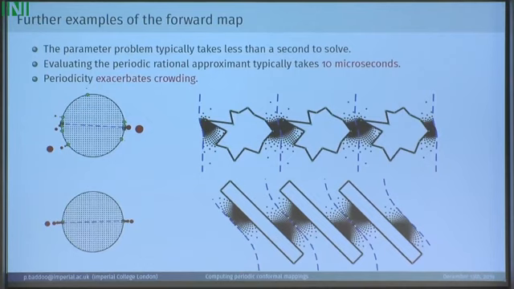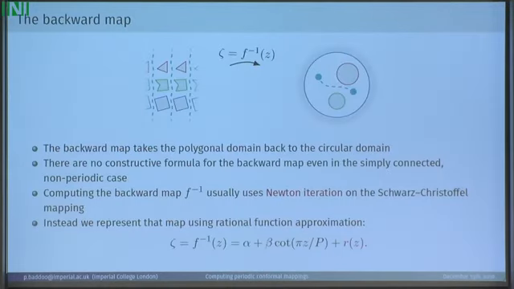Okay. So we've done the forward map, but very often we want to go backwards. We want to start in the polygonal domain and then go backwards into the circular domain. The previous mapping was multi-valued: the same point was mapped to infinitely many different points. Now this mapping is periodic.